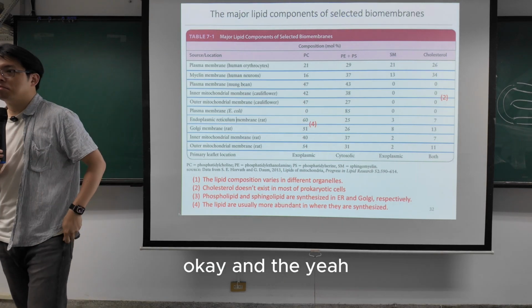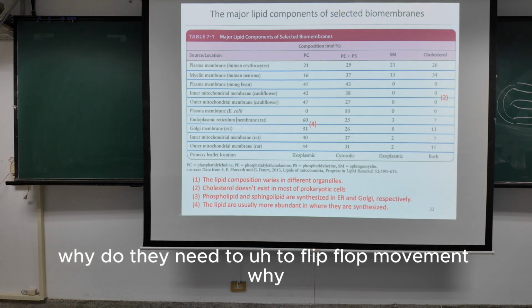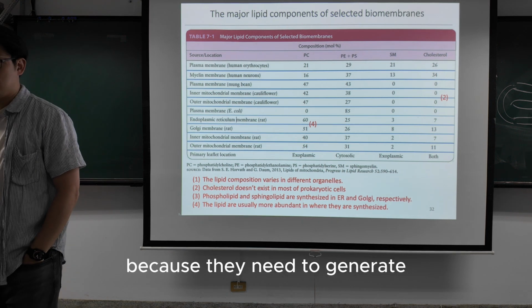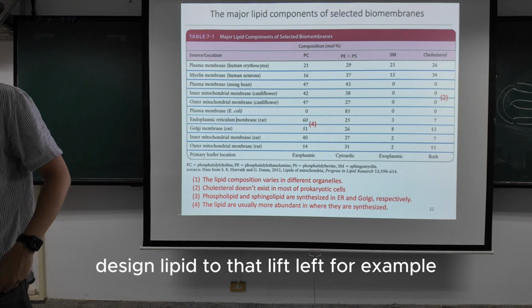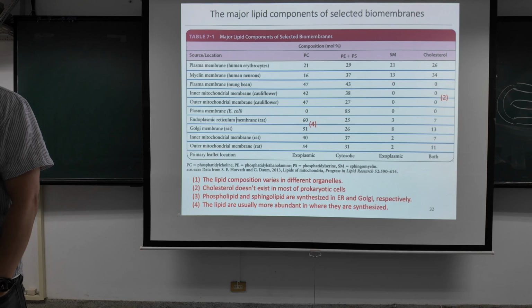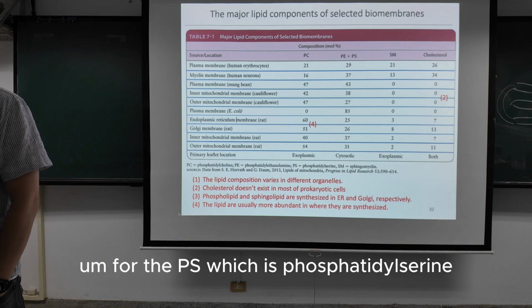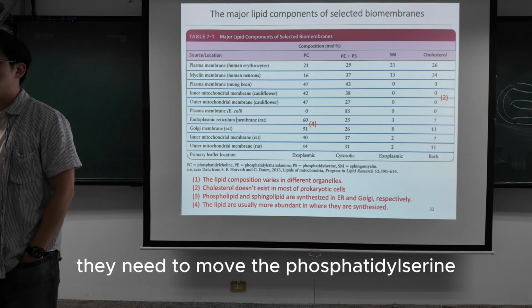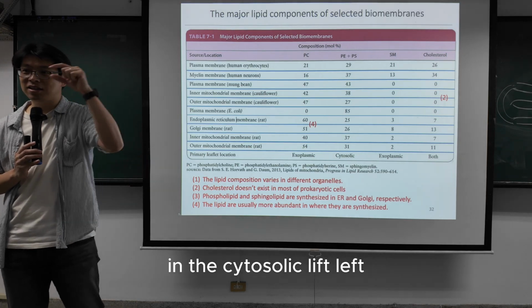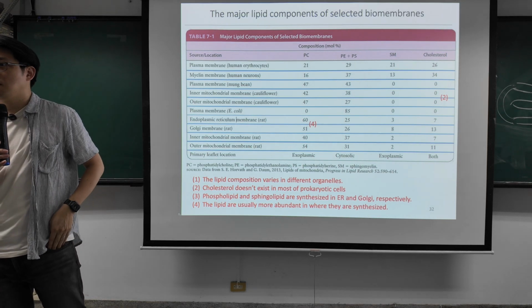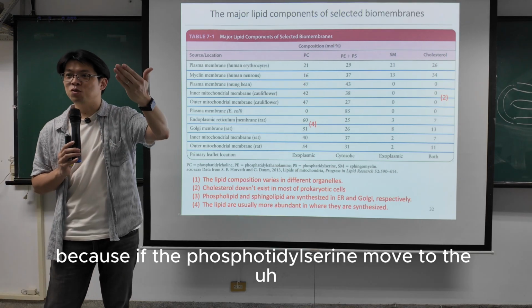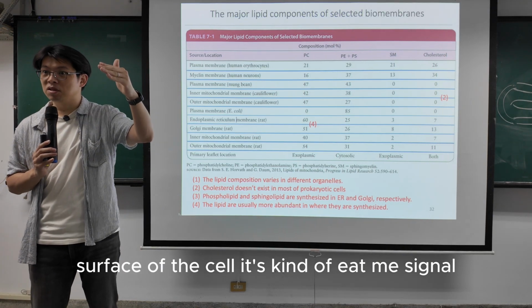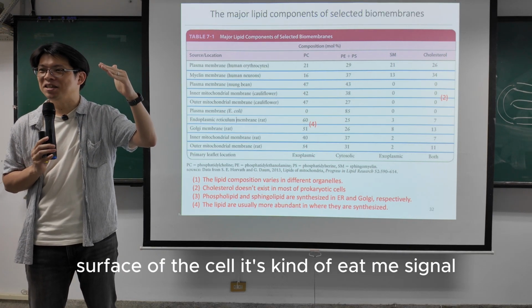Why do they need the flip-flop movement? Because they need to accumulate certain desired lipid in that leaflet. For example, phosphatidylserine, PS, needs to be kept in the cytosolic leaflet. If phosphatidylserine moves to the surface of the cell, it is an eat-me signal.